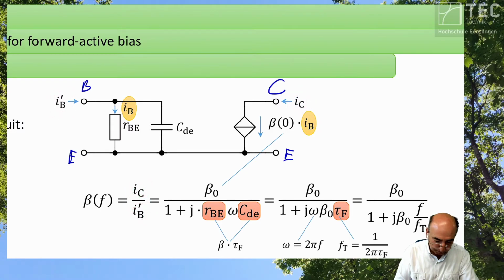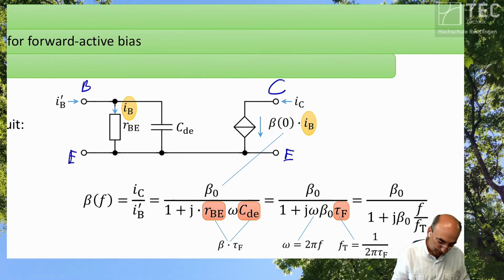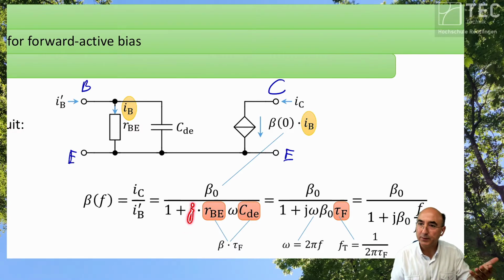And this is due to this low pass filter characteristics, beta 0 divided by 1 plus J. Some mathematicians also say I, but in engineering I is used for current, so the engineers say J for the complex part of a complex current.